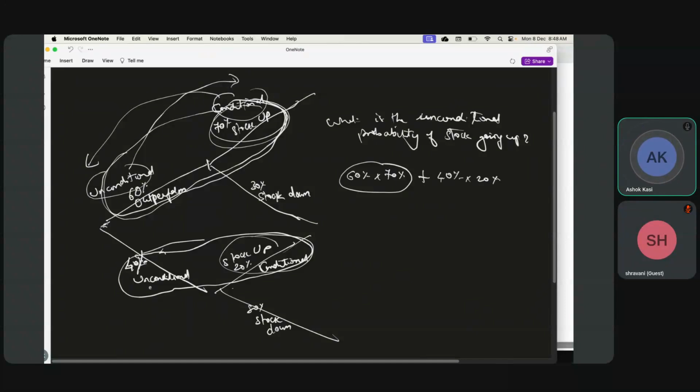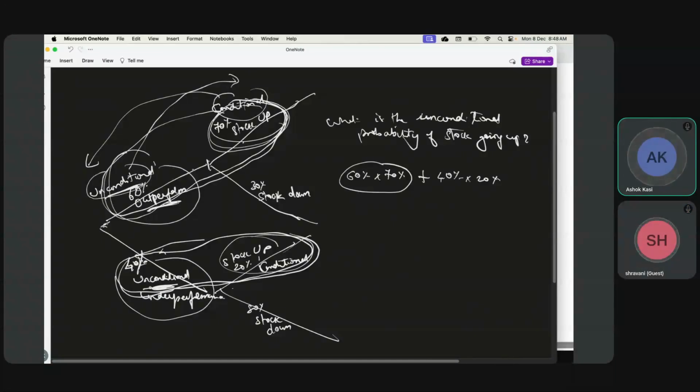I have covered the fact that the stock is going up, irrespective of whether it is outperformance or underperformance. So this becomes the unconditional probability of the stock going up.